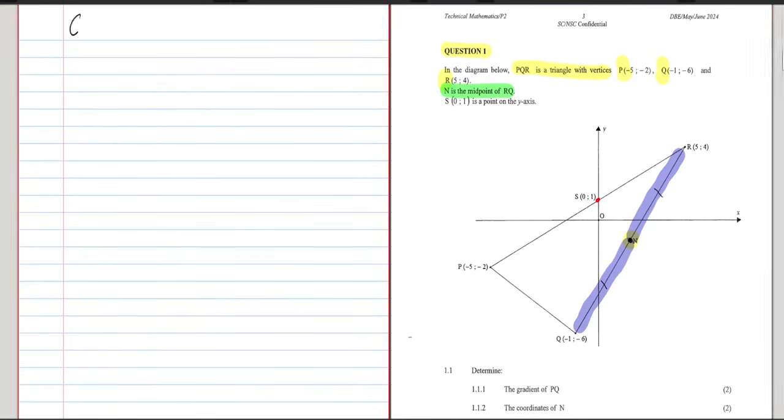I have a plan. How about we divide the page like this? I think it's going to be helpful in organizing the calculations as well as the work.